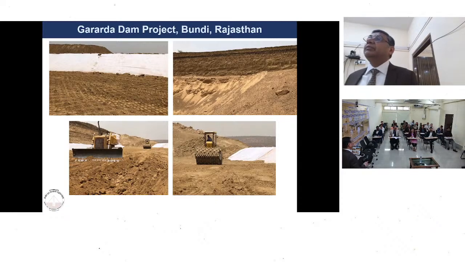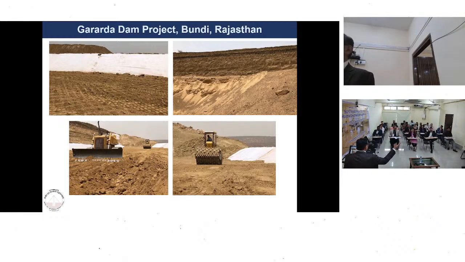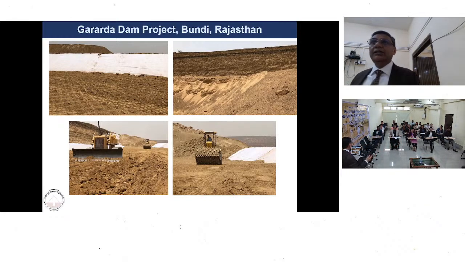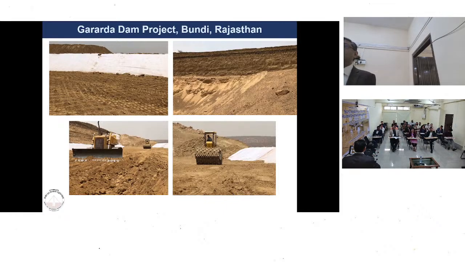And how do laborers usually place tools? They are not going to gently place the tool, they'll just throw it. Now imagine you have a spade and a kudal, and you are just throwing it onto a geotextile which has to act as a barrier for the migration of the fines, and you are puncturing it with the tools.